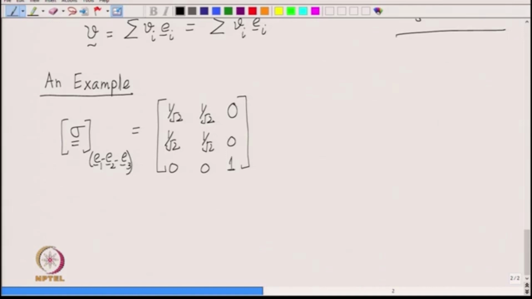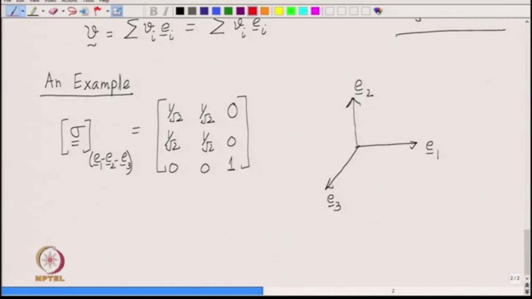So, suppose this is your E1, that is your E2 and this is your E3. So, E1, E2, E3, okay. Whereas the hat is the rotation of this basis by 45 degree around E3.